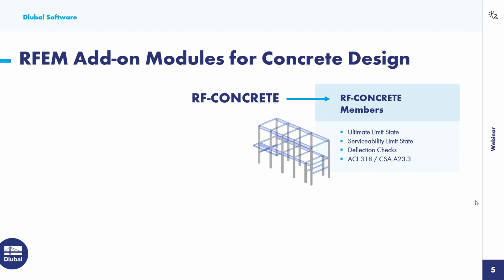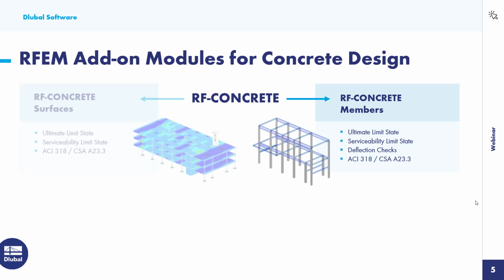We also can run deflection checks within the add-on module, and of course we can do design according to the ACI 318, the CSA standard, as well as many other international standards. The second add-on module is RF-CONCRETE Surfaces. This provides an ultimate and serviceability limit state design as well for any type of plate, shell, or wall element. Again, this includes the ACI, CSA, and other international standards.